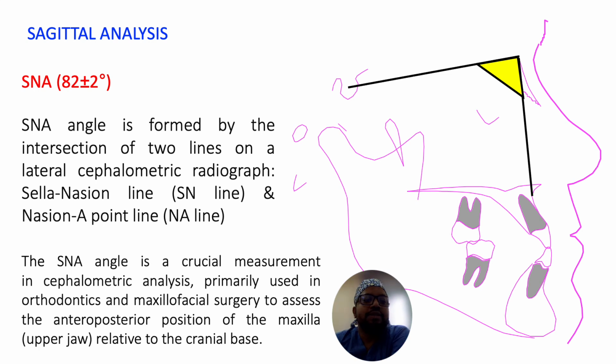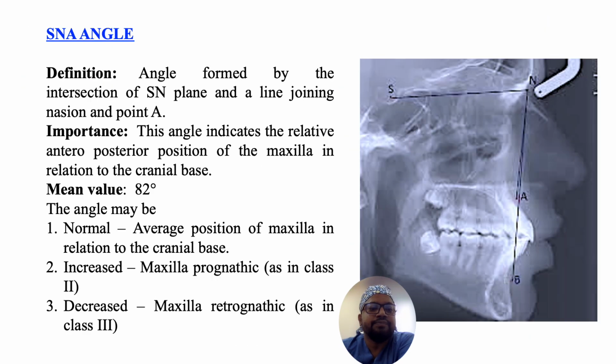The normal value is 82 plus or minus 2. This also depends on ethnicity. Each race has a different normal value with a different range. If we briefly discuss the definition, it is the SN plane joining nasion to point A, and it can be normal, increased, or decreased.